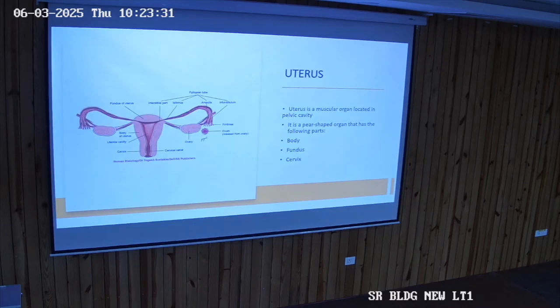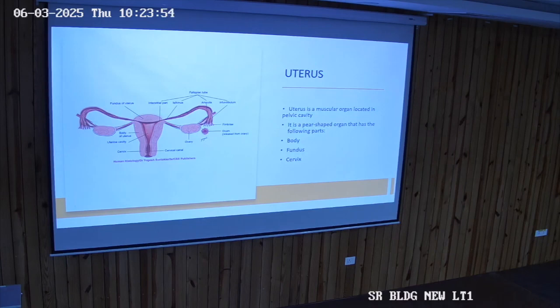Next, coming to the last topic of this lecture, uterus. So we have covered the ovary, which produces the ova, which is taken up by the fallopian tube, which has parts, that is the fimbriae, ampulla, then the isthmus and the interstitial part that connects to the uterus.